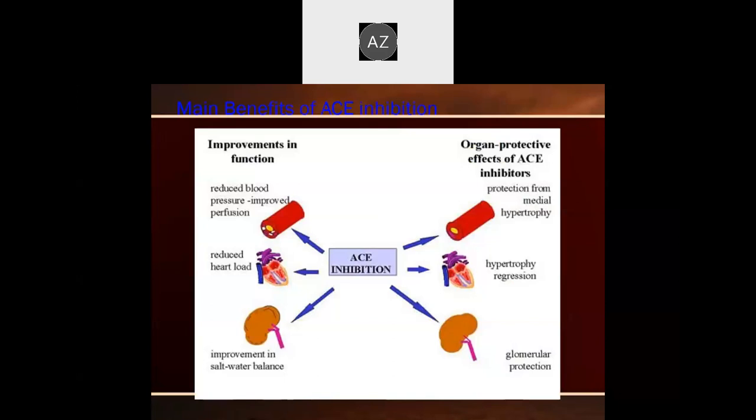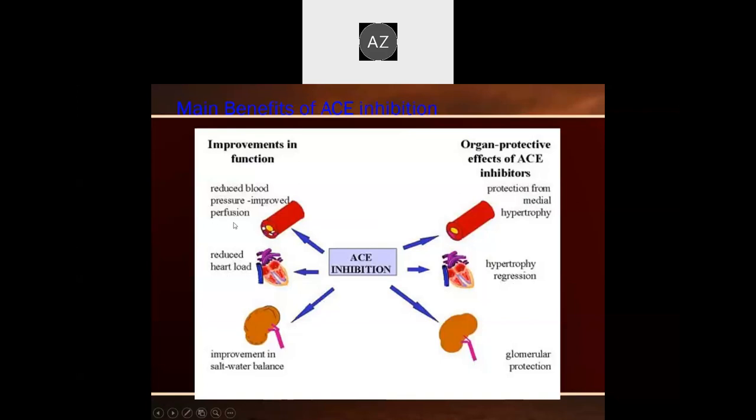And then finally, we have the effects of these angiotensin converting enzyme inhibitors. They protect the glomerulus, they improve the salt water balance, they reduce the heart load, they reduce hypertrophy, and the hypertrophied heart regresses.